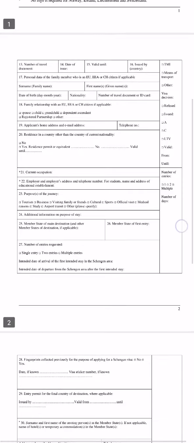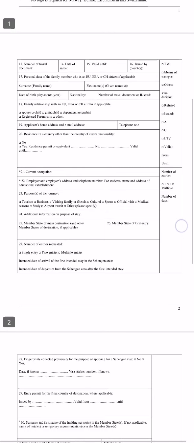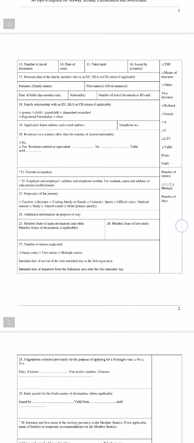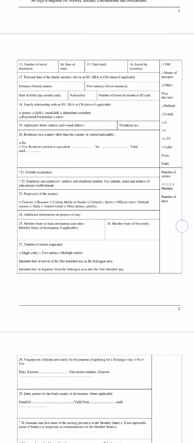Then 26 says the member state of first entry, which state you want to enter first, right? Then question 27 says the number of entry requests, right? So which entry request you want to apply for, whether single entry, two entries, or multiple entries.